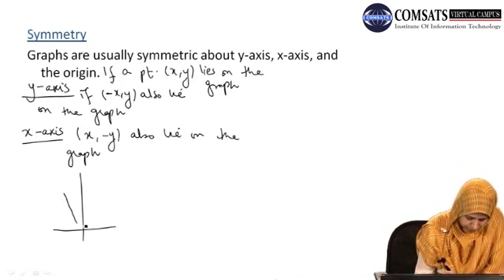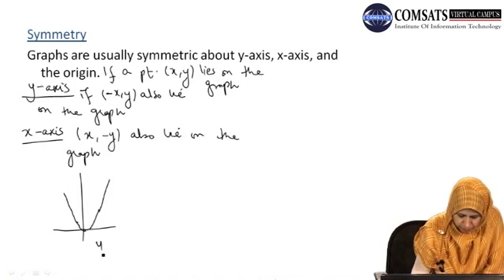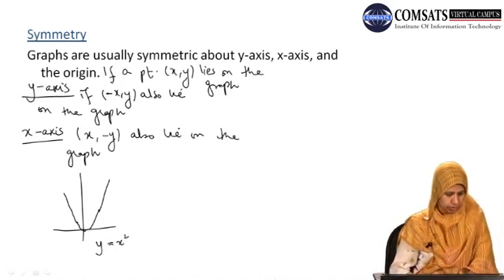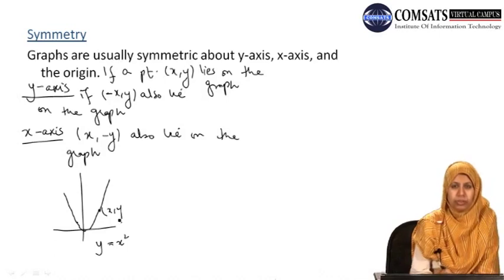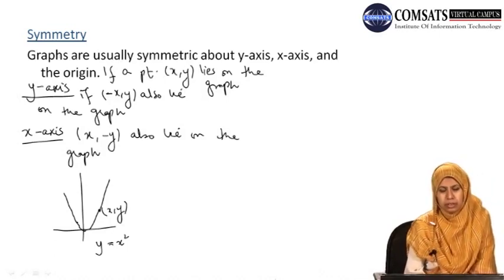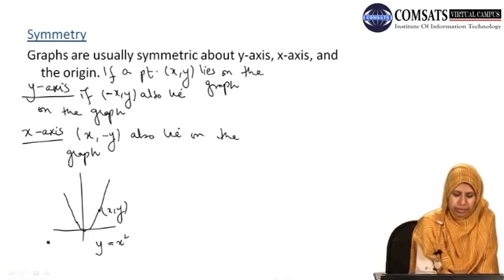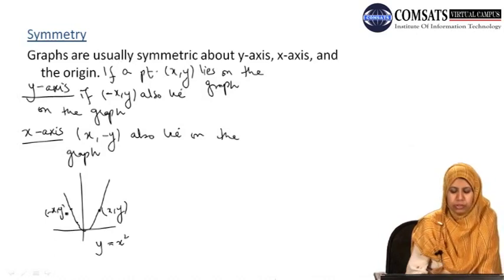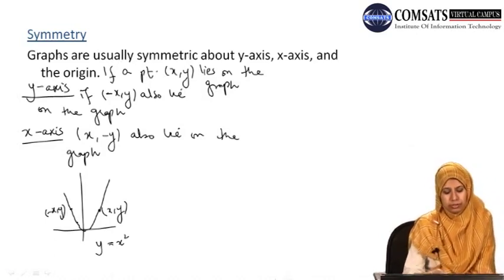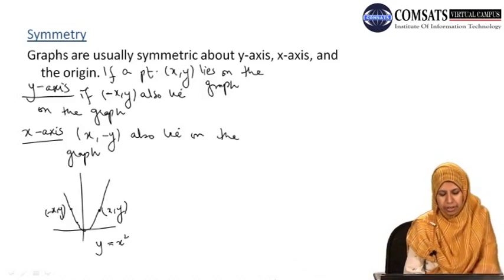For example, we consider our parabola y = x², which means that if a point (x, y) lies on the graph and the graph is symmetric about the y-axis, then the point (-x, y), the point in this quadrant, should also lie on the graph. So this is what we mean by symmetric about the y-axis.